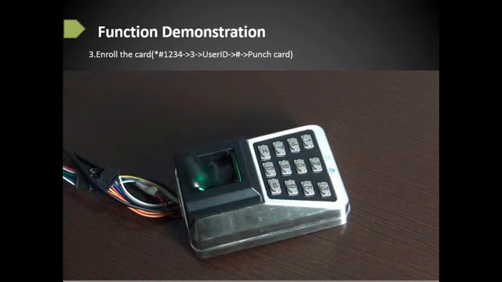Then input 3 to enter the user ID mode to enroll the card. Then with the end of the pound key, you punch your card to accomplish this registration. Okay, let's view the video.